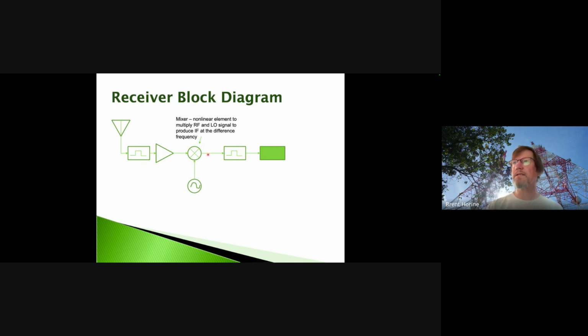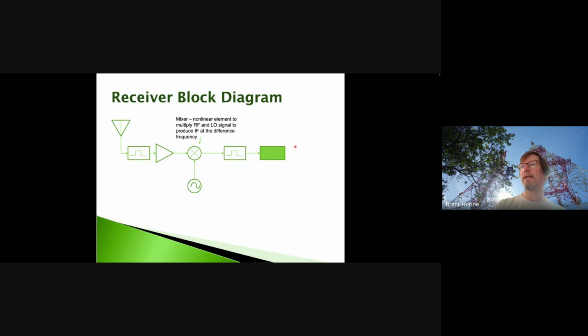But this frequency here, we want low enough that we can use kind of inexpensive components over here, but at the same time support the full bandwidth of the signal, right? So if our LTE waveform or 5G waveform is 20 megahertz wide, then we've got to be at least in that range to be able to process that whole waveform, right?